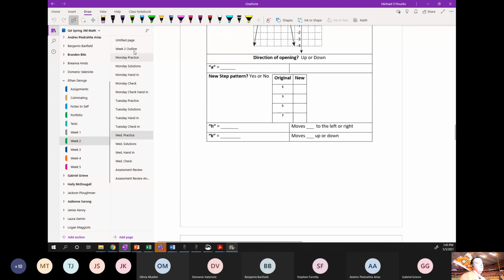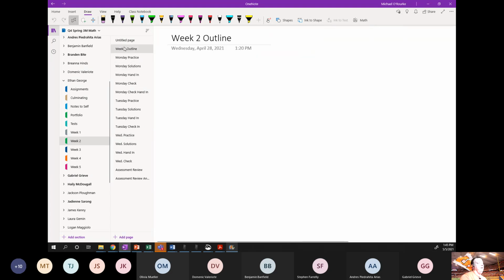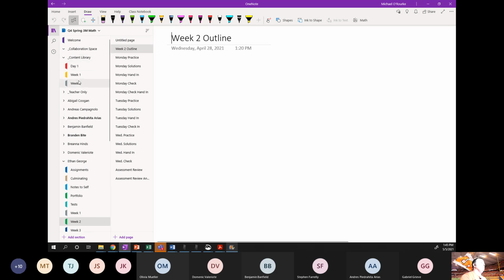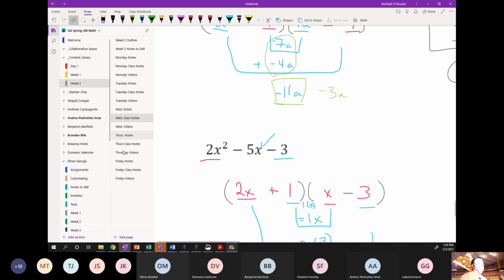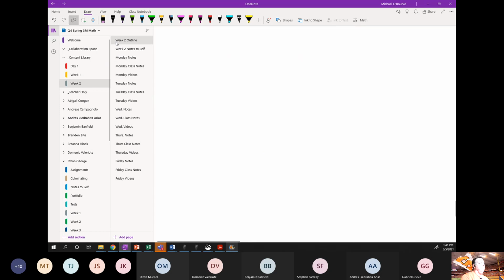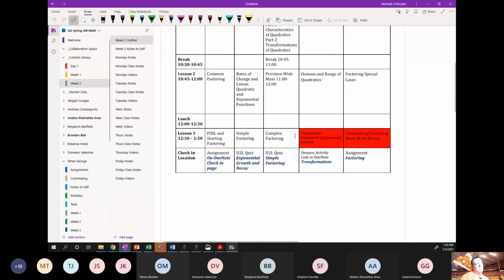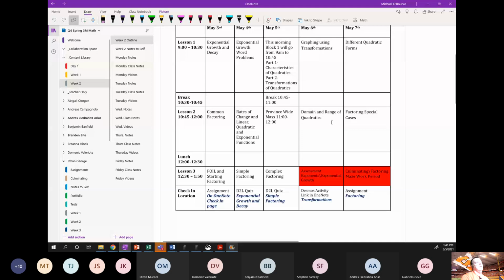Now, originally at the very beginning of the week, we were going to have an assessment, like a test, on Thursday. If you look here, I'm going to move that. We're going to switch these 2 spots right here.